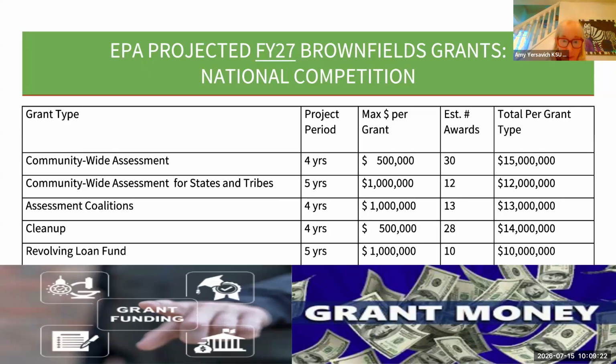So quite a bit more, because you're looking here at 55. The cleanup grants last year, or the year before, they awarded approximately 51 grants. Revolving loan fund, they did not issue this past year, but the year before it was around 15. So it is going to be a competitive round. Just want to make you aware of that.